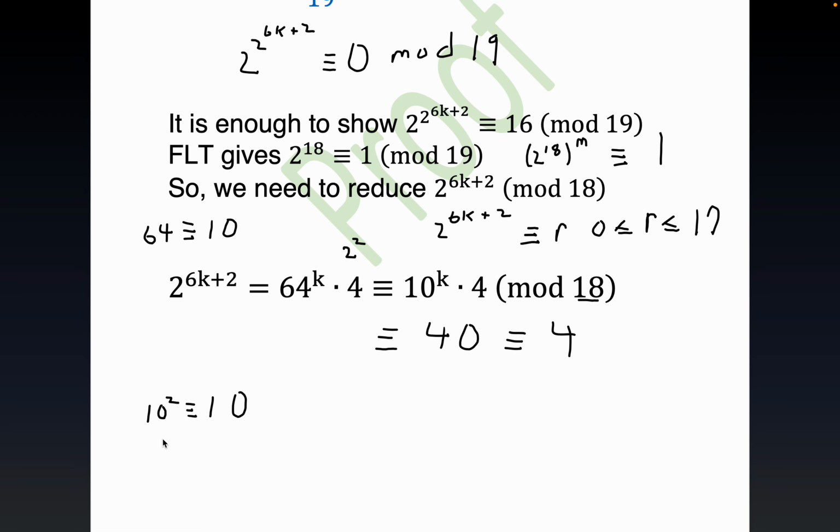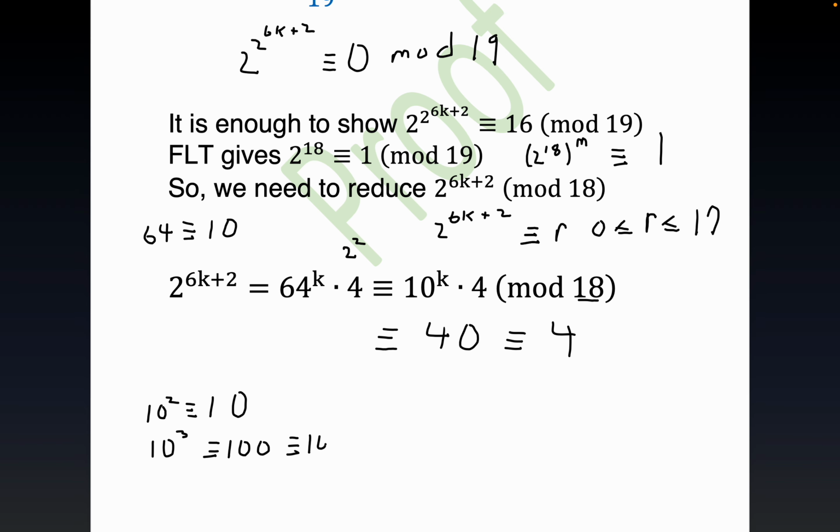Now, if you multiply through by 10, you get 100. 10 squared is congruent to 10, and so you get 10 cubed is congruent to 100, which we already know is congruent to 10. See how this builds?